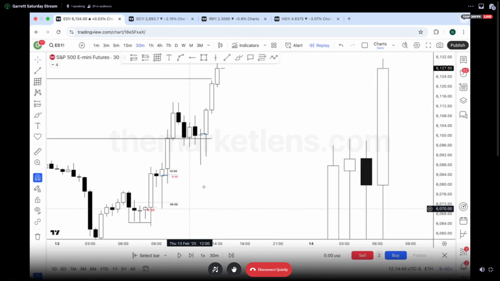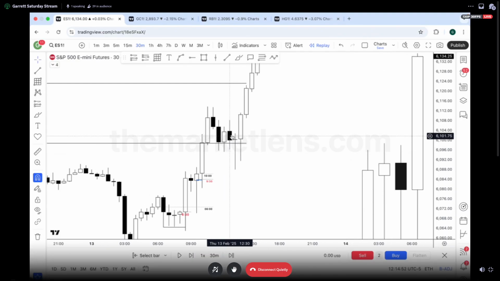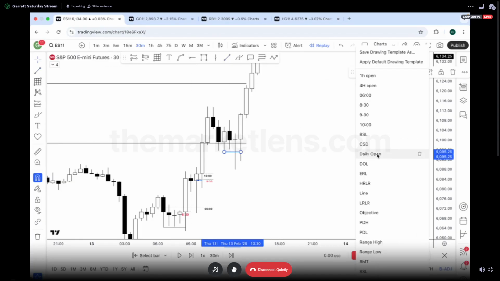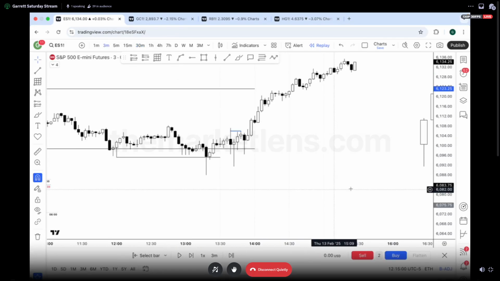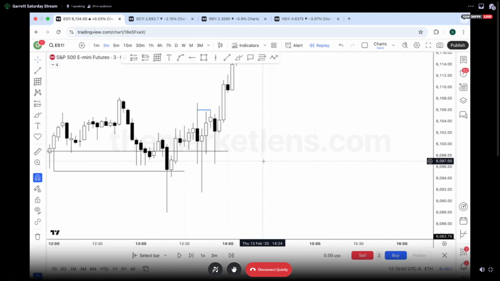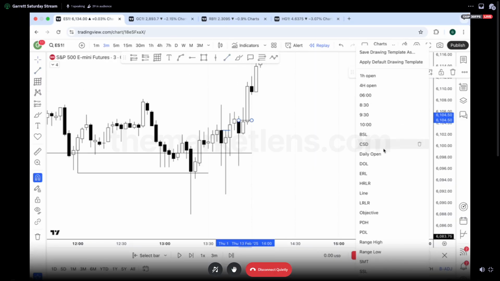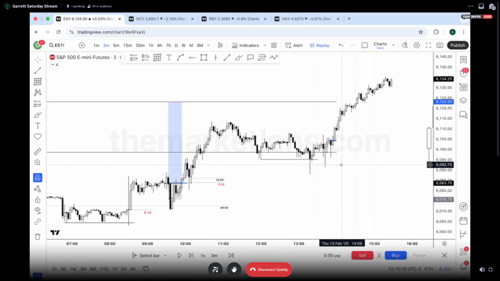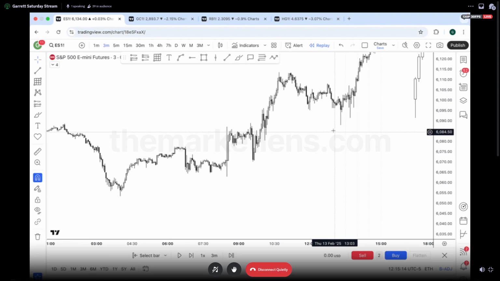I think it was right here, no? Yeah, if you wanted to trade this, I think this is valid. One of these, if you wanted to take that. But me personally, I didn't. But yeah, that was my trade on Tuesday. Does that make sense, everyone?